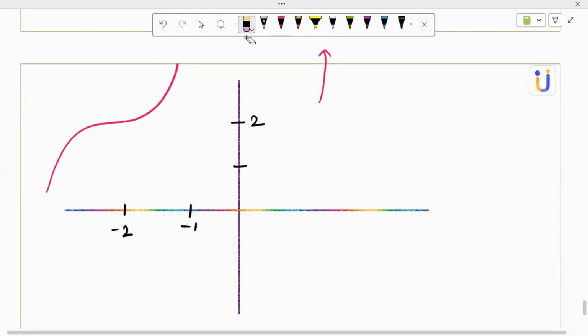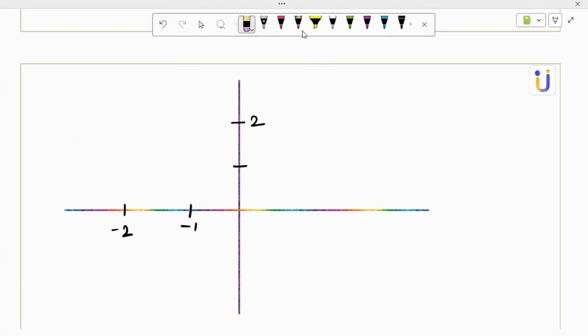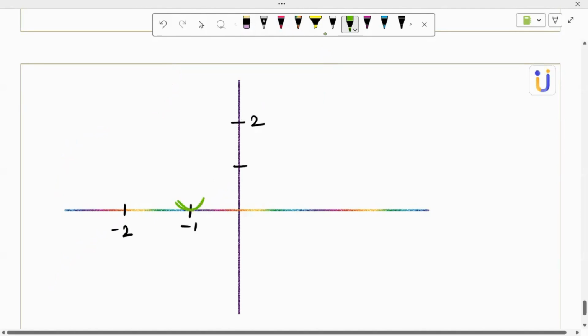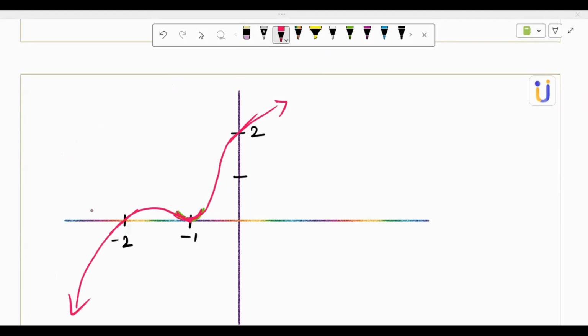But it should touch 2. So let's go like this. You make a tangent like this. Here it crosses, here it crosses. And we can model it in this way. Okay, so this is the required graph.